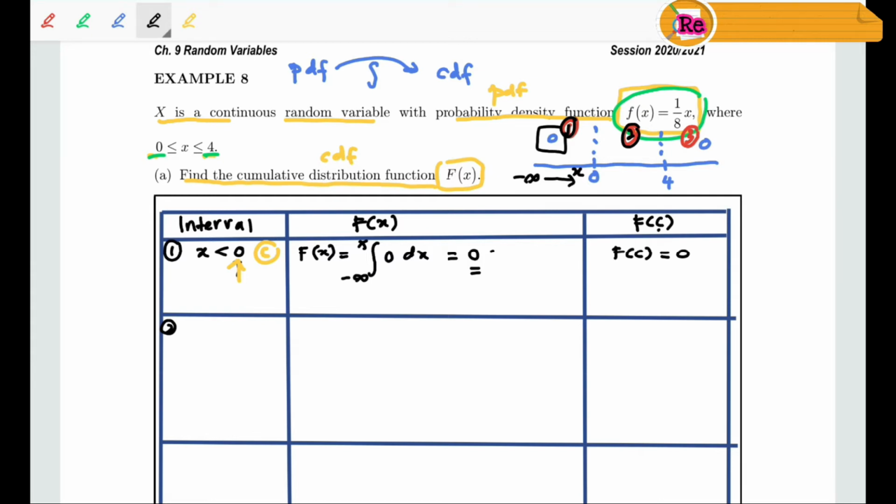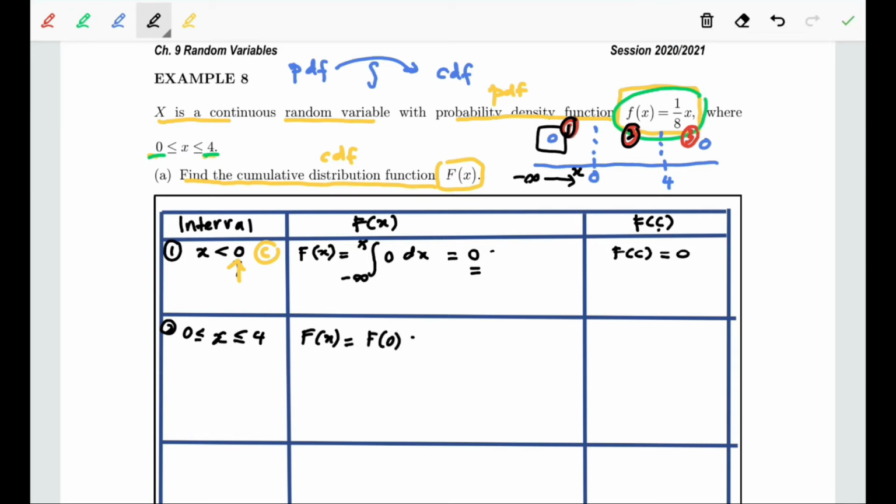So write the interval first: x varies from 0 until 4. To write the function fx here, it should be f of 0 plus the integral from 0 to x. Why should it be f of 0?